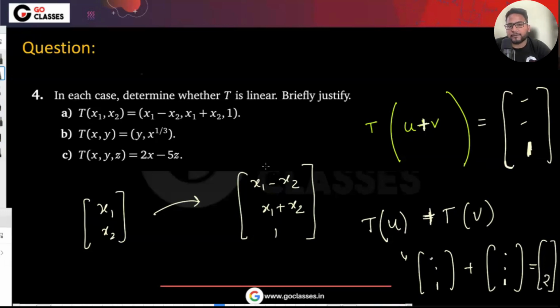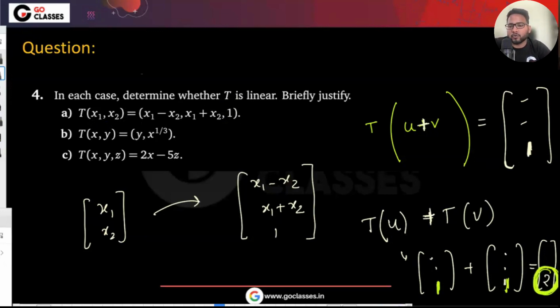So for any vector, after the transformation, it is one. After the transformation, it need not be linear. So for u plus v, it will be one. For u also it is 1, for v also it is 1. After the addition of the transformed vectors, it will be 2, isn't it?